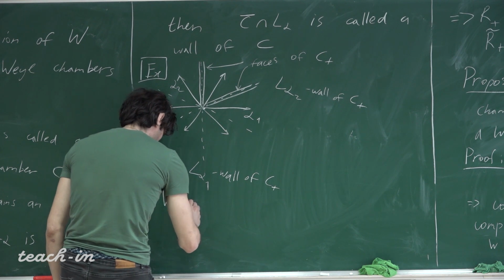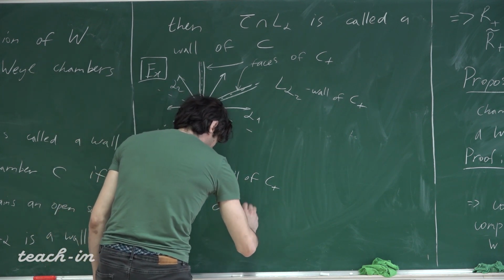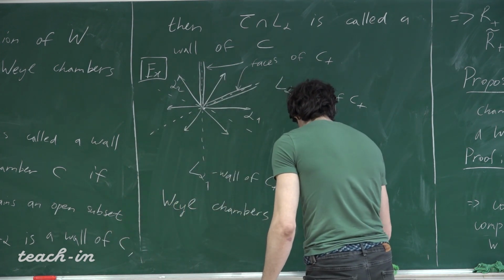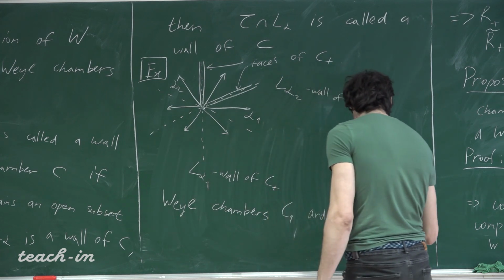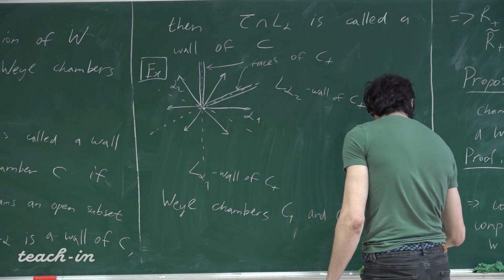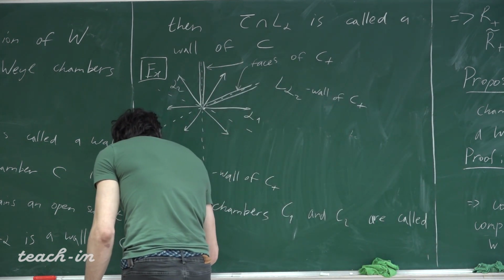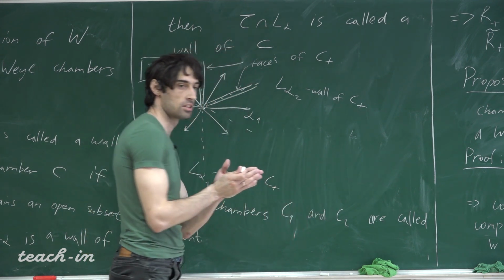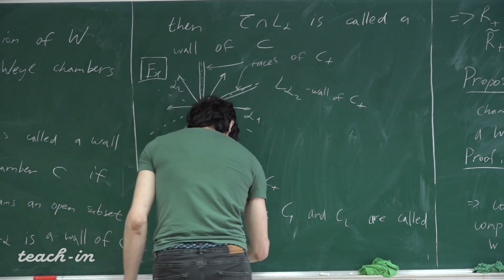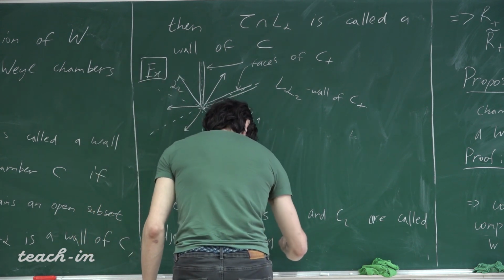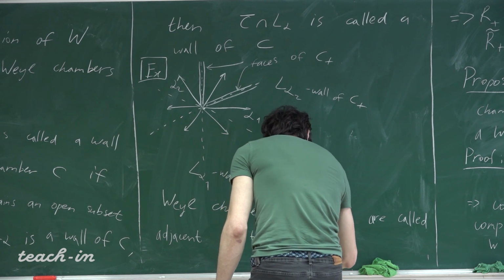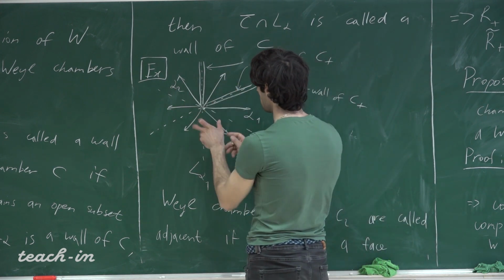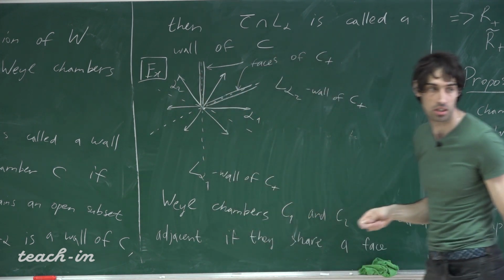Weyl chambers C1 and C2 are called adjacent if they have a common face, if they share a face. So these two Weyl chambers are adjacent, and these two are adjacent.